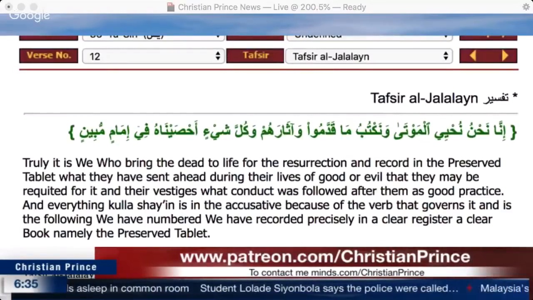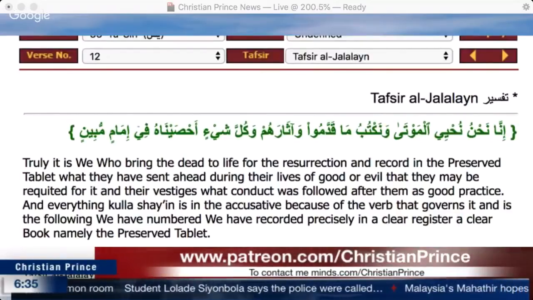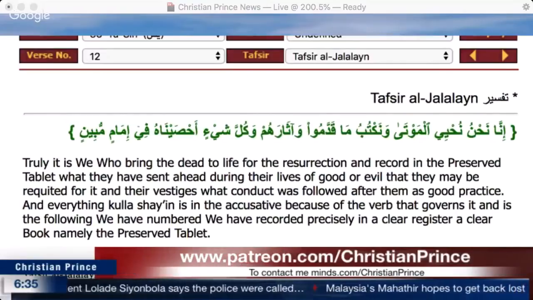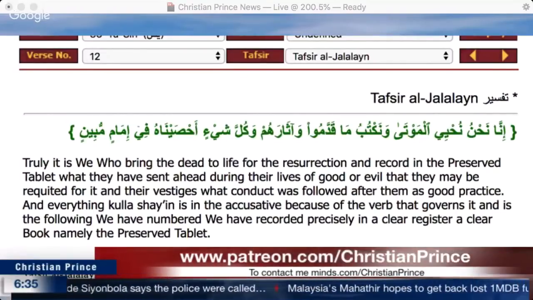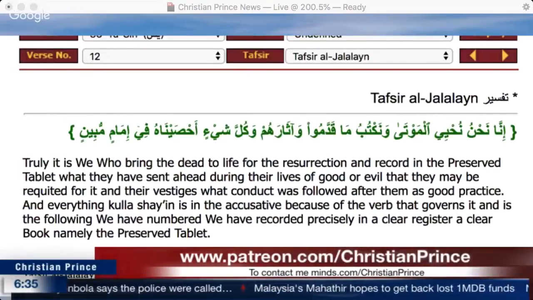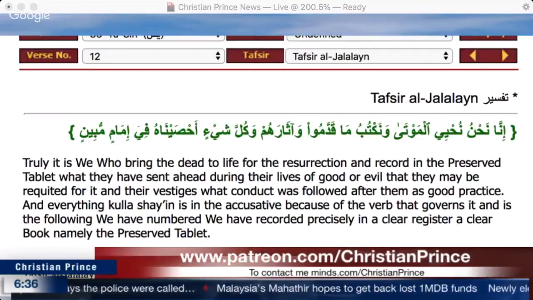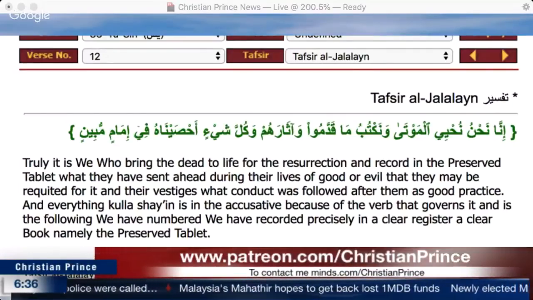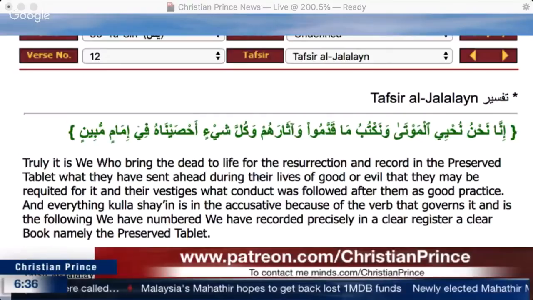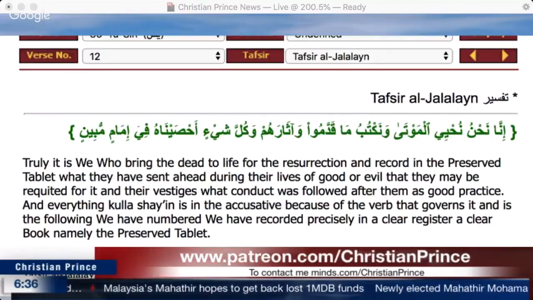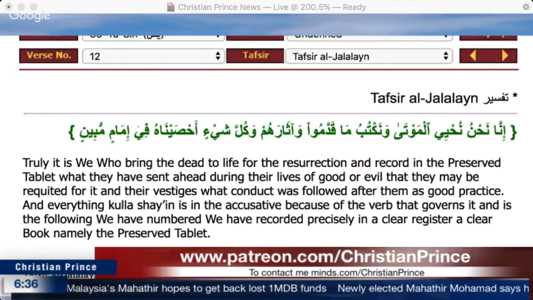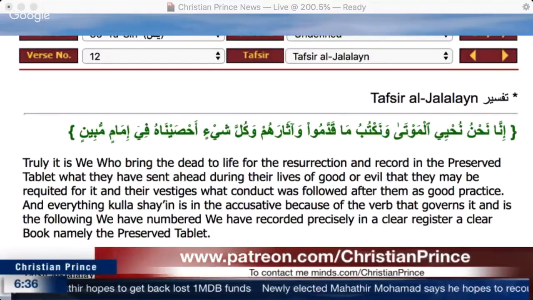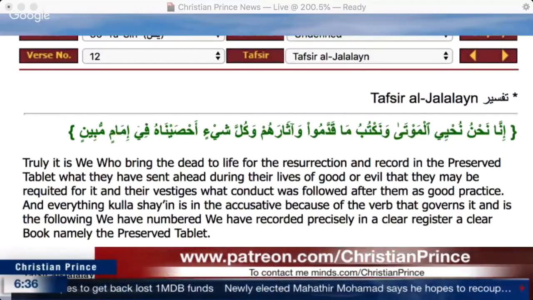We are the ones who resurrect people from death, and we are the ones who wrote what they put forth and what they left behind, and everything is calculated and registered by us with clear numbers.